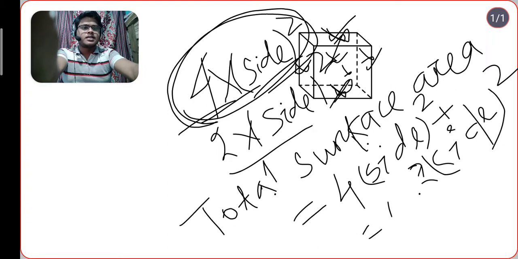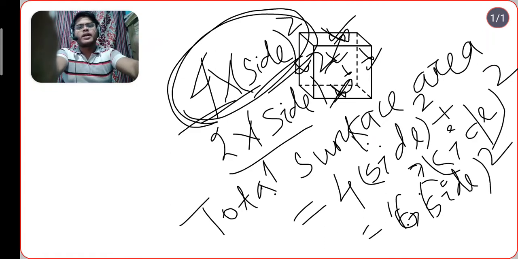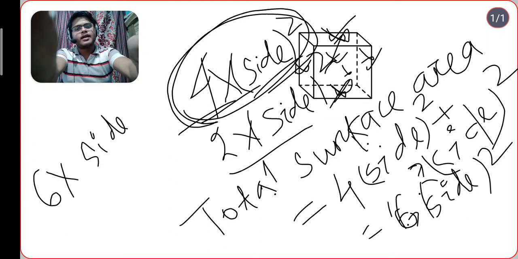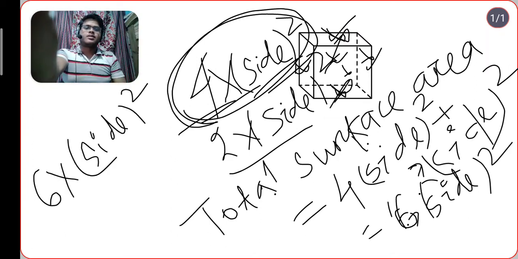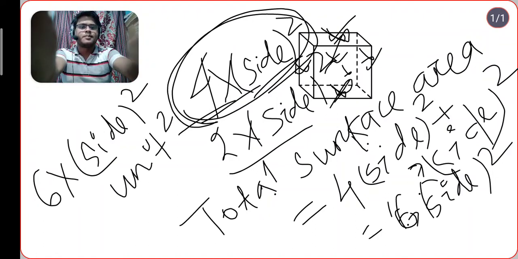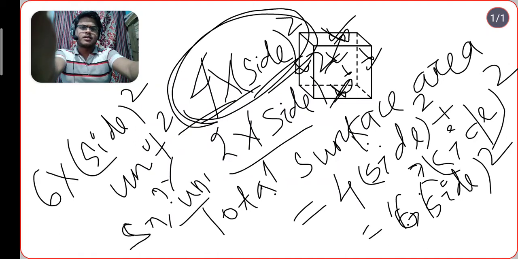Yes, that is 6 side square. So we get the formula 6 into side square. And for the unit, we have to write unit square, or we can write square unit also.